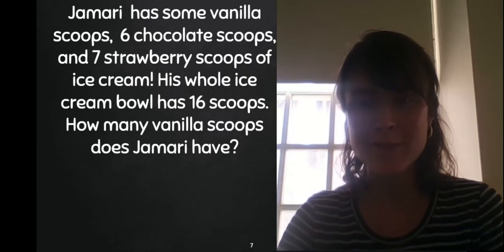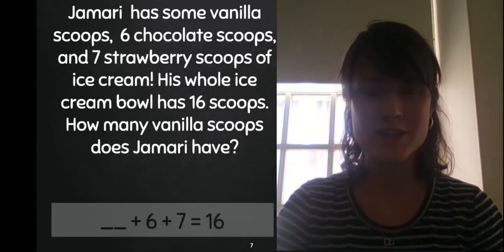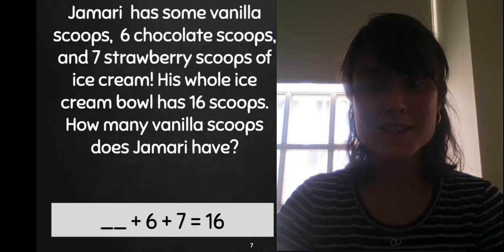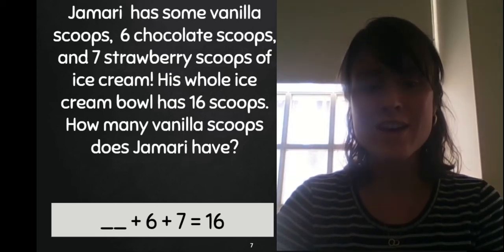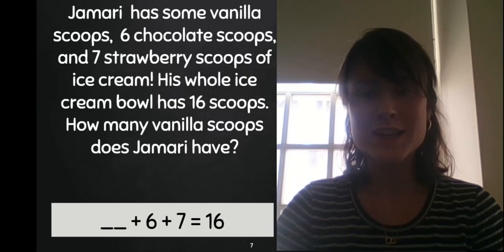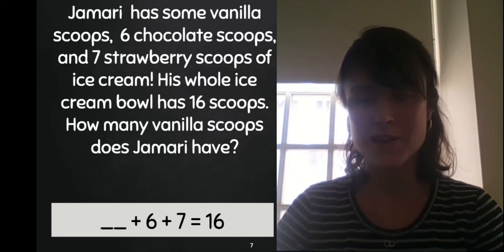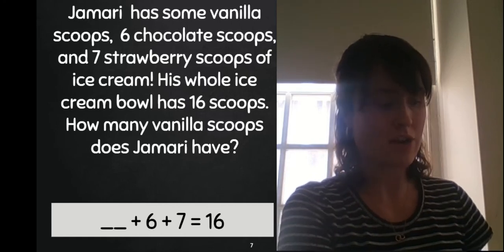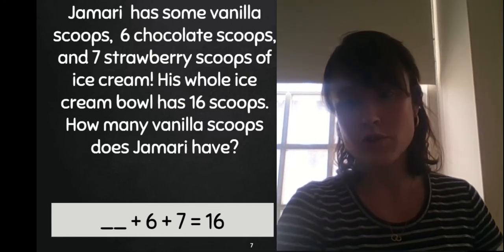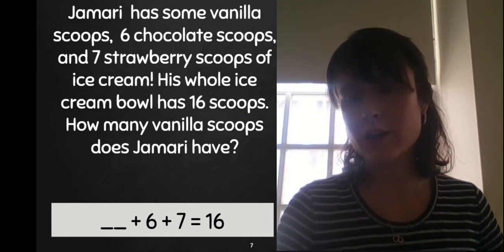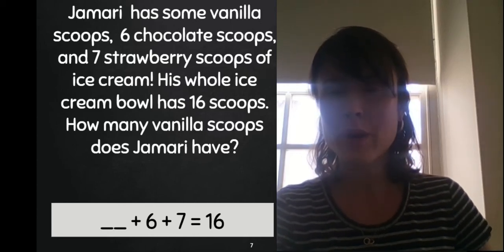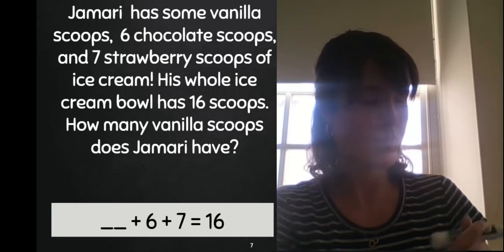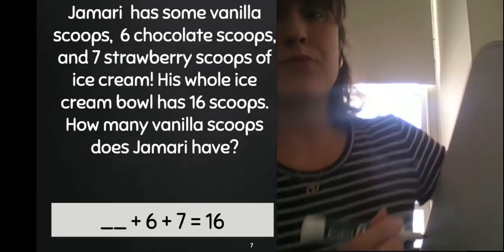All right, let's see if it matches my addition number sentence. Something plus 6 plus 7, don't forget that third part, equals the total 16. Awesome. Now, using the cool Georgetown strategy that we just practiced in our last story problem, I want you to go ahead and try to figure out what's the missing part in this number sentence. I'm going to write it on my board too.